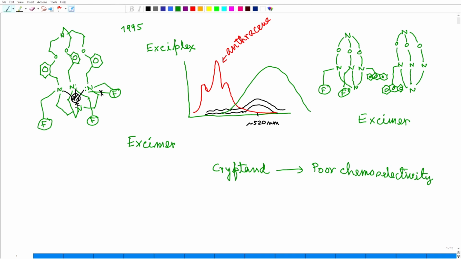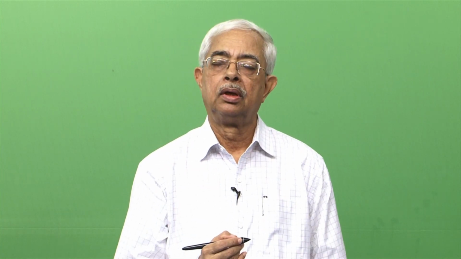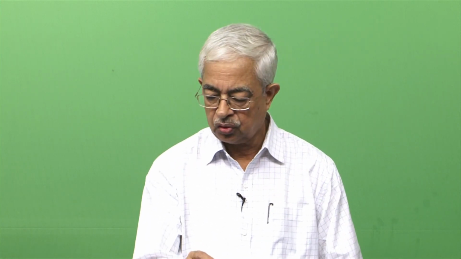Poor chemoselectivity means when I put a copper 2 ion, we see strong fluorescence. We put a nickel 2 ion, we still see strong fluorescence. Iron, manganese, cobalt, you name it, we see very strong fluorescence. Then I put main group metal ions, for example, lead, cadmium, mercury. Always I see fluorescence. So, this is a disadvantage.